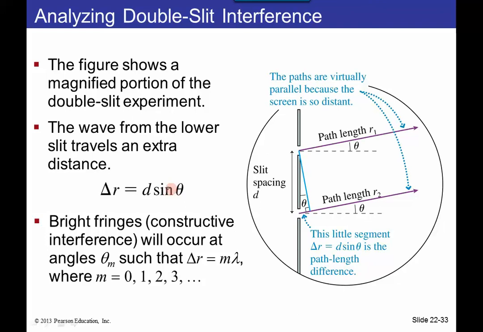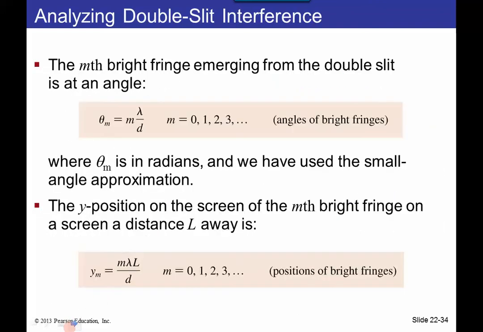And also we are going to use the property that we are going to have very small angles, so we can write that the sine of the angle is pretty much equal to the angle, right? So then you get that theta m is equal to m lambda over d.